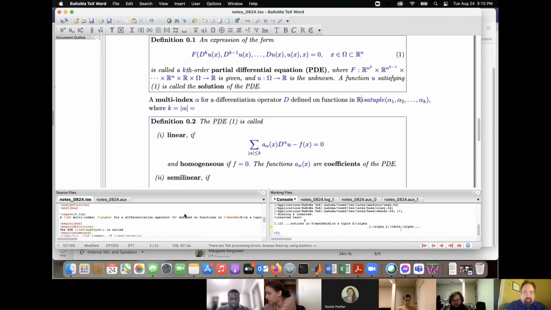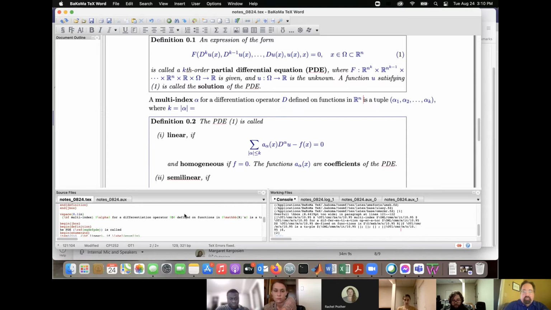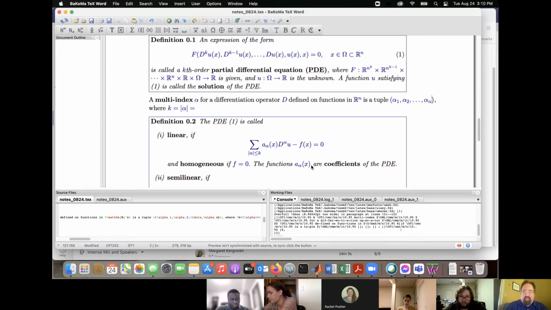The idea is we have a differentiation operator for functions in Rn. So the multi-index actually has to have n elements. The n elements, sorry about my mistake earlier, correspond to the variables that you have. So if u is a function of n variables, we have to have n indices corresponding to x1, x2, up to xn. The magnitude of the multi-index is the sum of its entries.